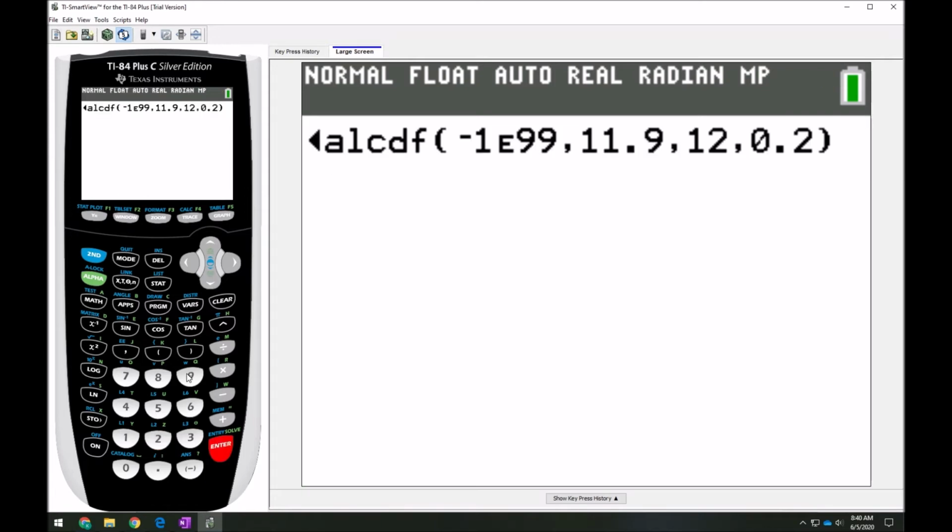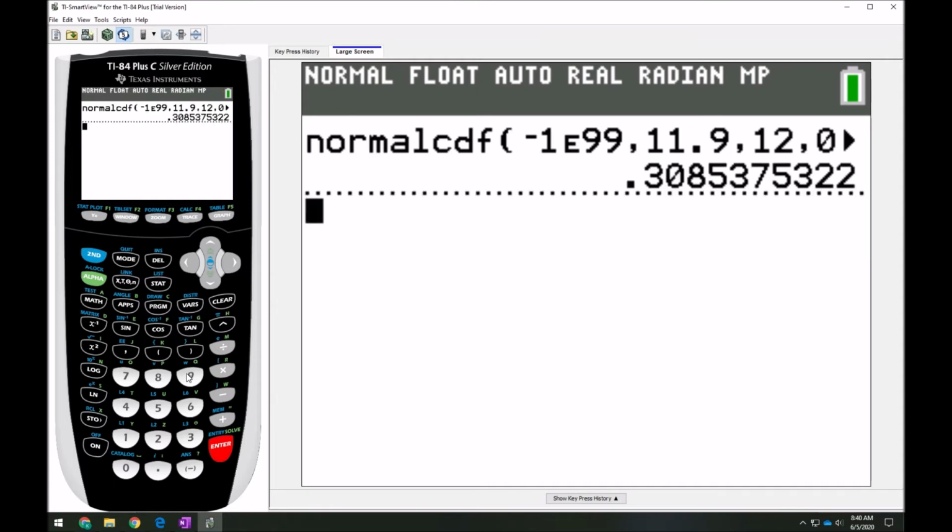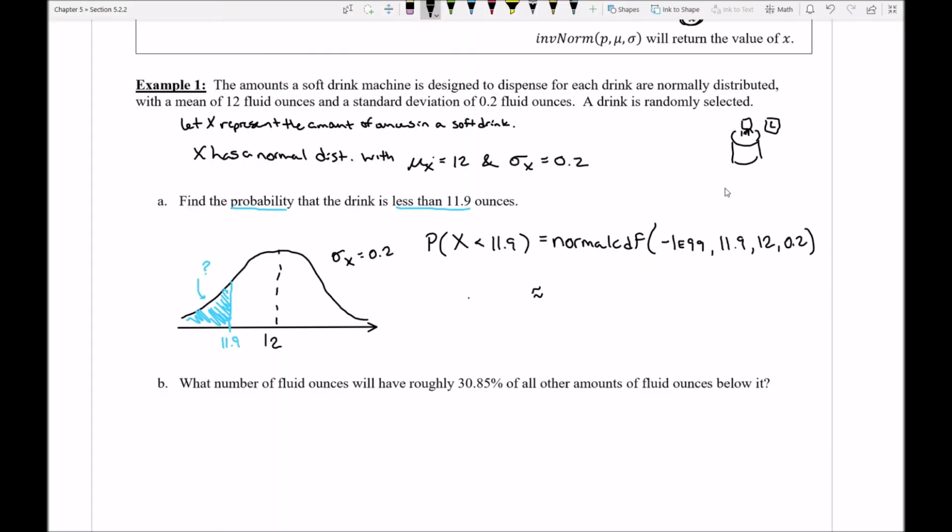And so this is what I have written down on the page, also what I have typed into the calculator. And I go ahead and hit enter. So I get 0.3085. Okay, so keep in mind again, that is the amount of blue space.